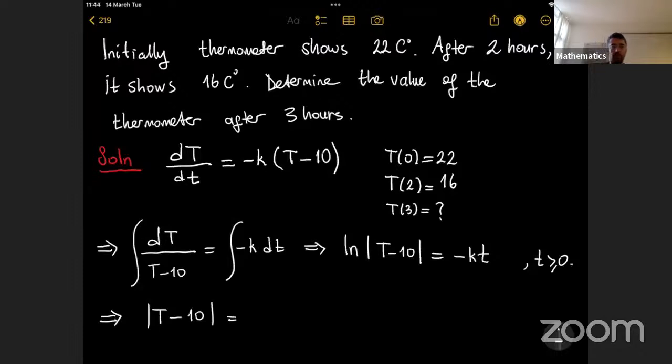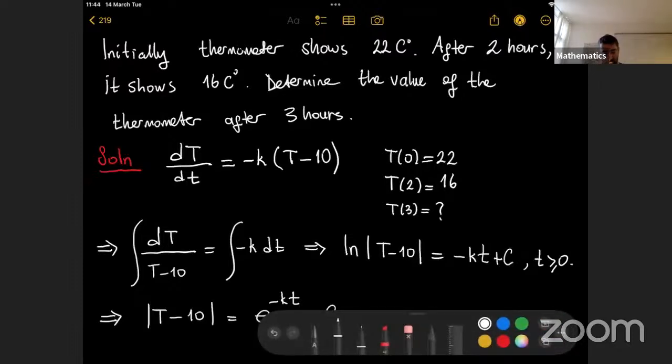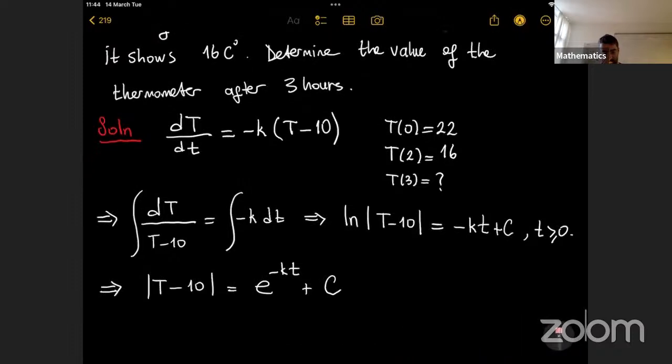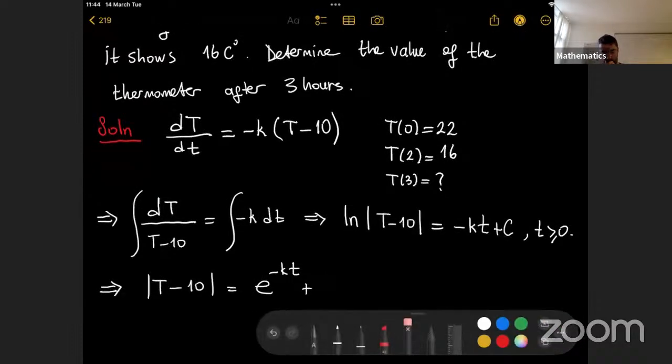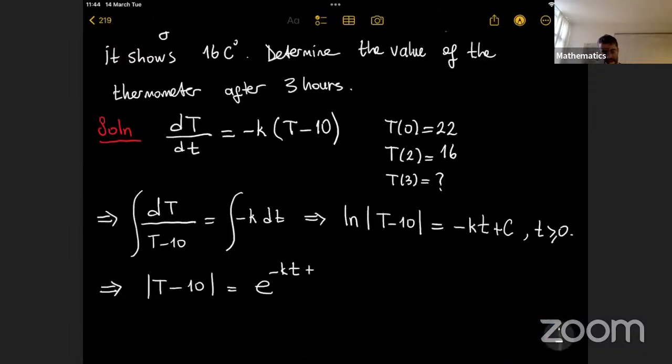So we take the exponential, we get T minus 10 is e to the minus kt plus a constant c. Oh, plus c here, sorry. It's going to be e to the minus kt plus c, like this.